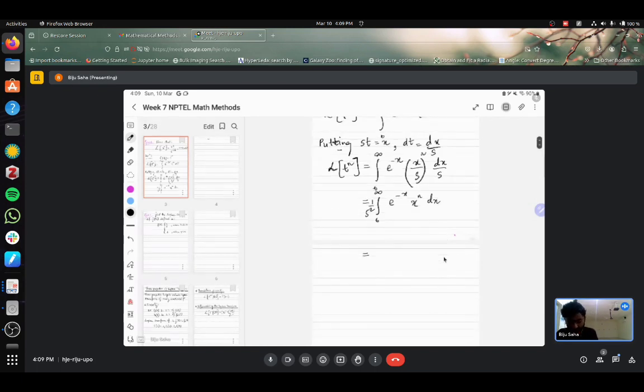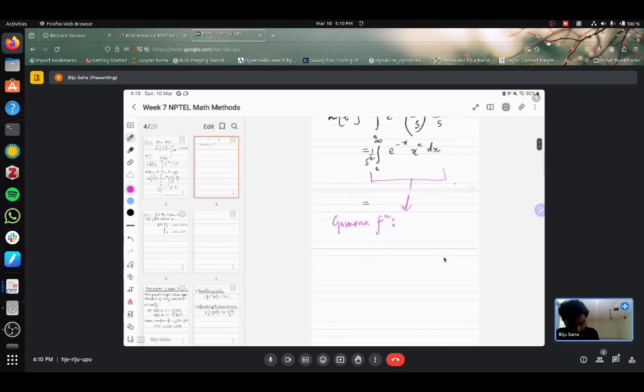Here you see there is this particular integral. It is a very special integral, known as the gamma function. I'm writing here the definition of the gamma function. The integral goes from 0 to infinity of e raised to the power of minus x, x raised to the power n, dx.